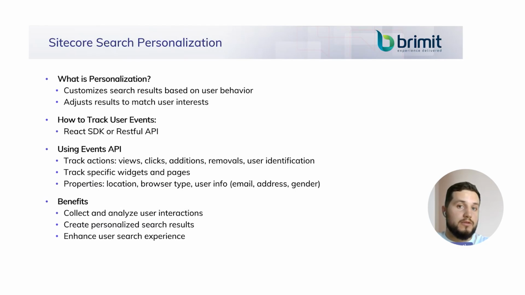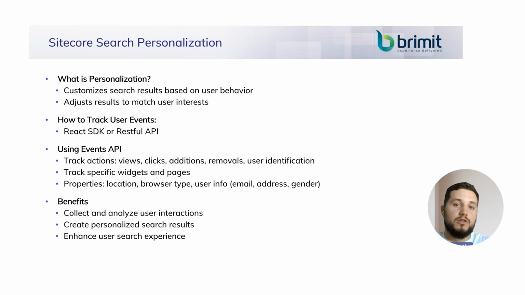Let's talk about the important feature of Sitecore Search called personalization. But what is personalization? It is when you customize your search results based on what users do on your website. For example, if a user clicks on a search item or opens a page with a specific banner, you can adjust the search result to match their interest.